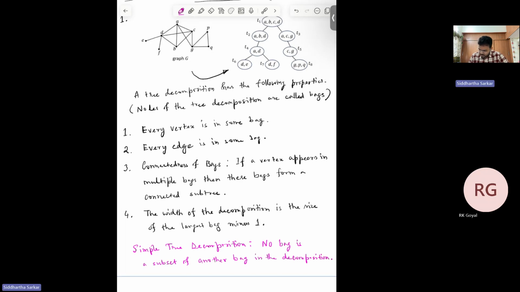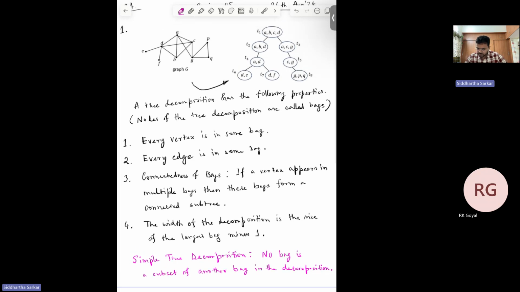Now we can see that in this decomposition, there are bags which are subsets of other bags. For example, this bag AD is contained within this bag ABD, which consists of three vertices A, B, and D, whereas AD has two vertices A and D, but this is a subset of ABD.